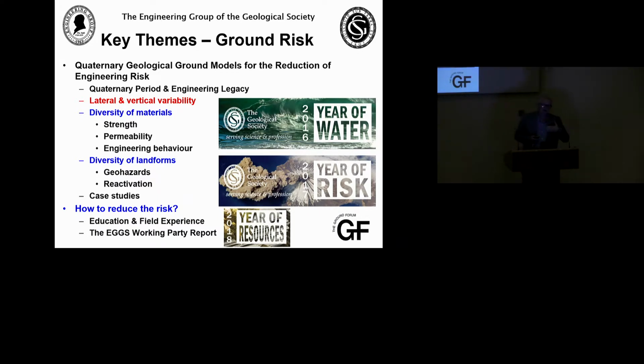And the bottom line for this was we started to realize that if we were going to reduce the risk, reduce the uncertainty, we had to have education, we had to have field experience. At Portsmouth, we're seeing our geological fieldwork being condensed and condensed and condensed. Rather than expanding that fieldwork out and looking at more and varied terrains, looking at Quaternary terrains, the mantra of the best geologist is still the one who's seen the most rocks, who's still seen the most landscapes, who's still seen the most variability.